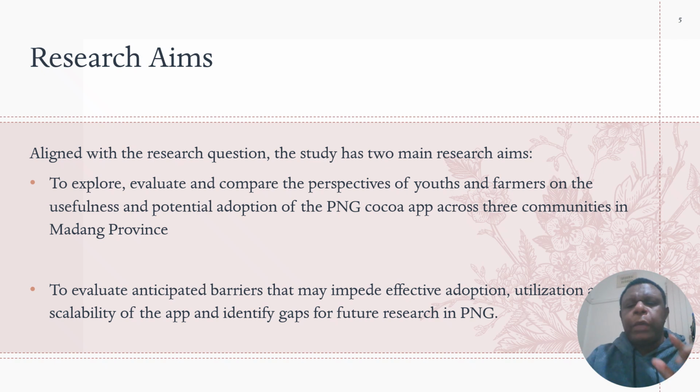For the first aim, I have done thematic analysis, the qualitative approach. And the quantitative approach I've used to address the second research aim, using chi-square and Fisher exact test.